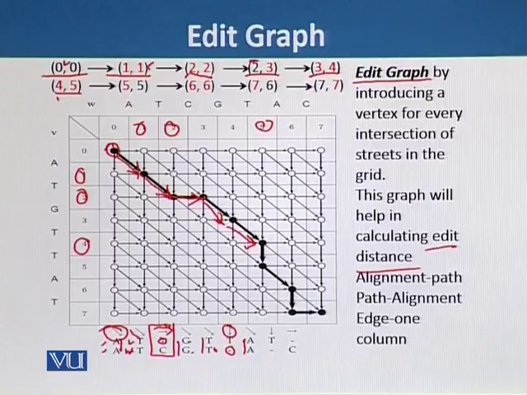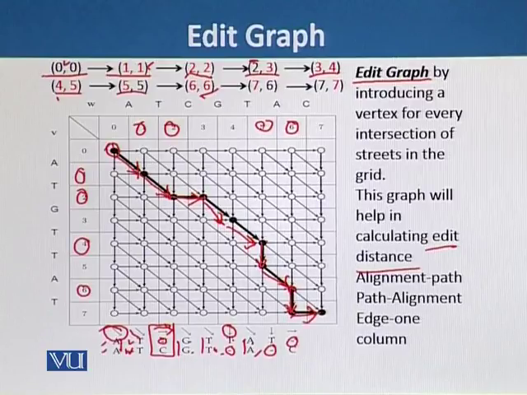So 5 5 is T and a missing link, so we will move in the east direction. Similarly next is A and A, that is 6 and 6, so we will move in the diagonal direction. Again there is a missing in the W, we will move in the south direction, and there is a missing in the V, and then we will move in the east direction.